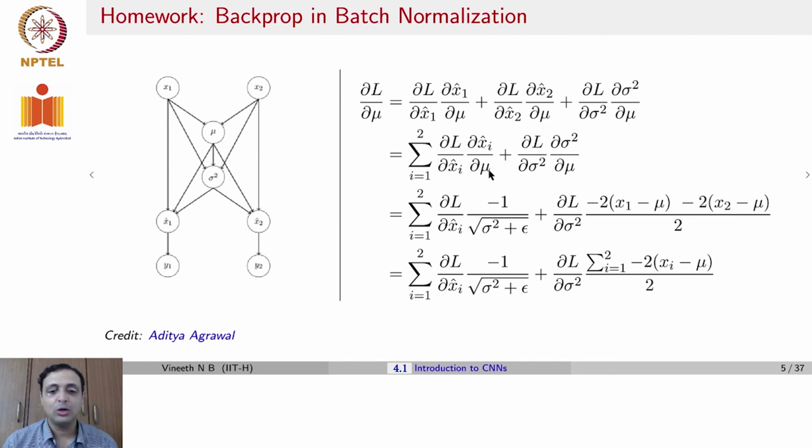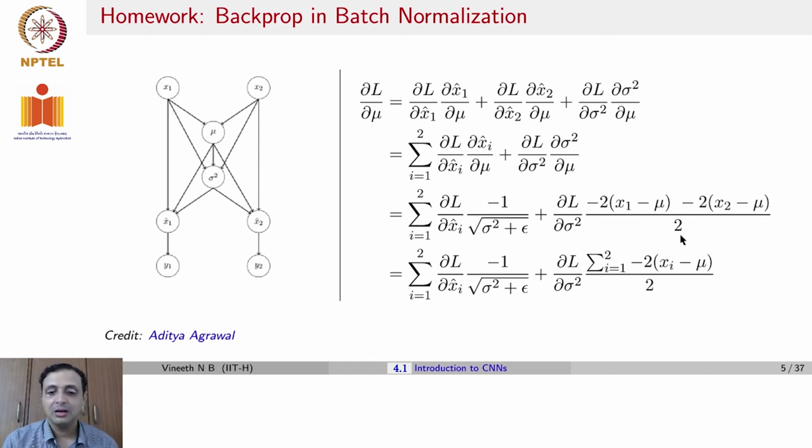∂xi hat/∂mu is given by this gradient here. This once again follows directly from the definition of xi hat to be (xi minus mu) by root of sigma square plus epsilon. And the term here, ∂sigma square/∂mu, gets written in terms of x's and mu's, because sigma square, once again by the same expression, can be rewritten in terms of all the x's and the corresponding mu.